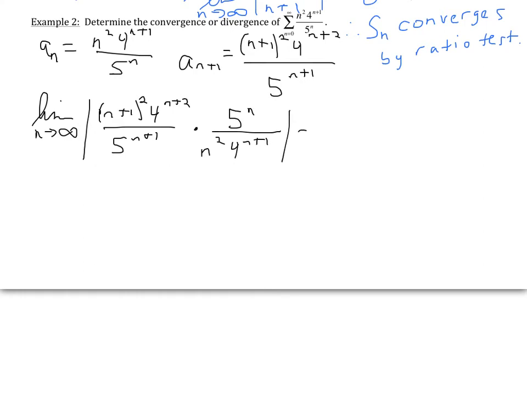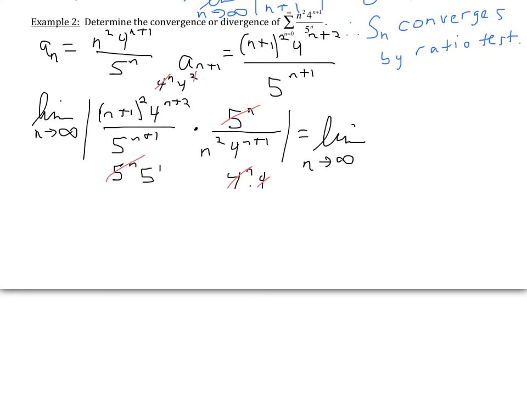Okay, and then when we simplify these terms out, 5 to the n plus 1 is 5 to the n times 5, and so the 5 to the n's will cancel. The 4 to the n plus 2 is 4 to the n times 4 squared, whereas this one over here is 4 to the n times just 4. So we'll have the 4 to the n's divide out, and then one of the 4's divides out.